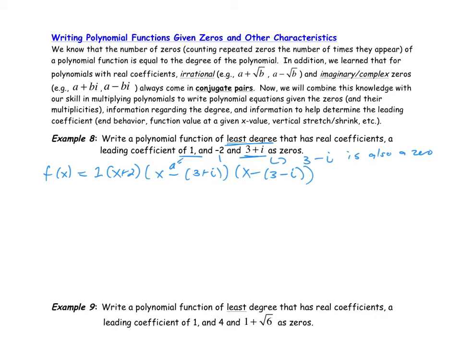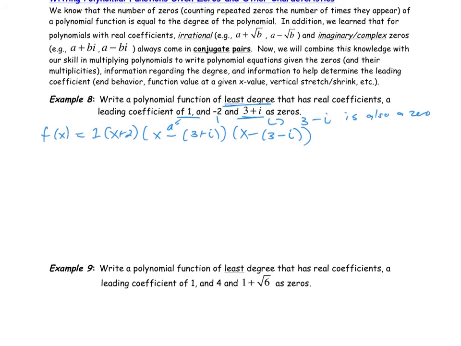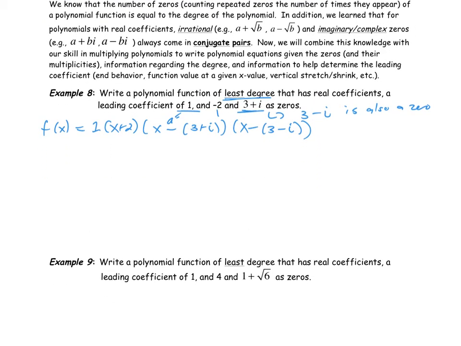And now we will start expanding this polynomial. So first thing that I'm going to do is distribute the negative with these complex zeros. So I'm going to write f of x is equal to x plus 2 times x minus 3 minus i times x minus 3 plus i. Now I'm going to use the associative property.